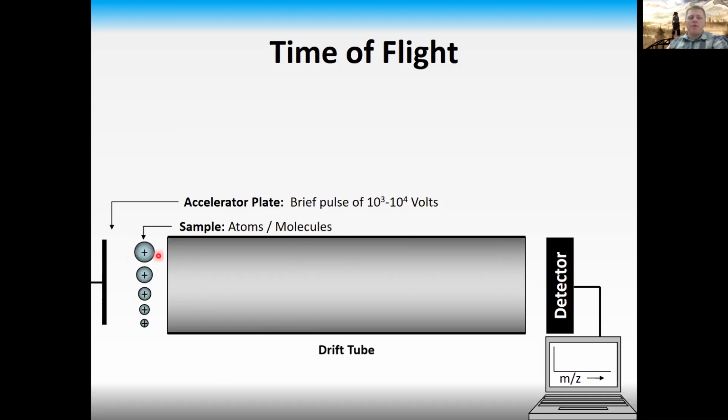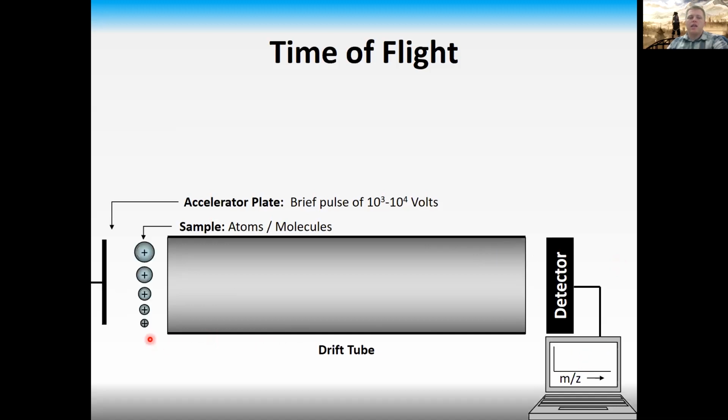If we have a bunch of positive ions, we apply a positive potential to the pusher for a very short amount of time. That positive potential will cause all of your ions to fly over to your detector.